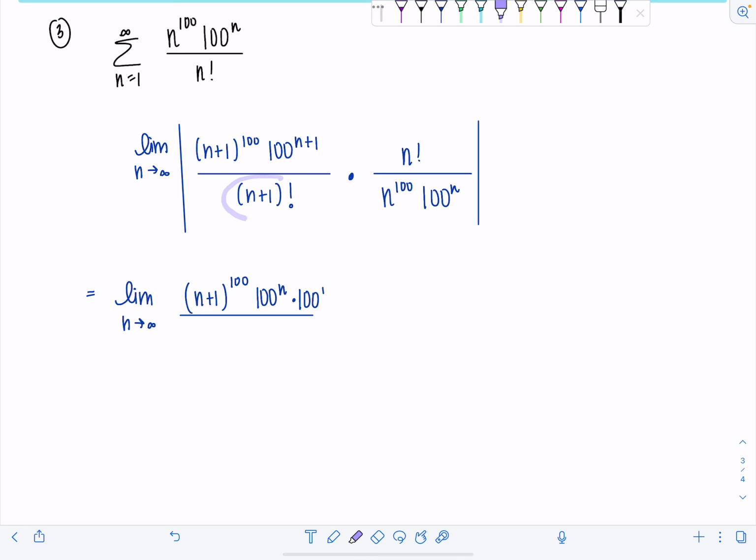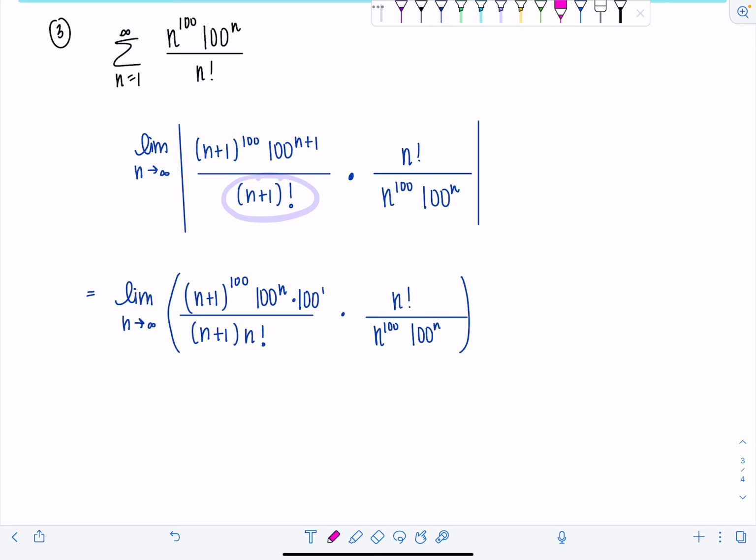Then this n plus 1 factorial, we'll break that up into n plus 1 times n factorial. That's going to work out great because I see an n factorial on the other side in the numerator. And then we've got n to the 100 and 100 to the n, all hanging out in the denominator.